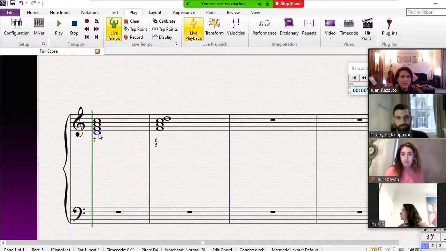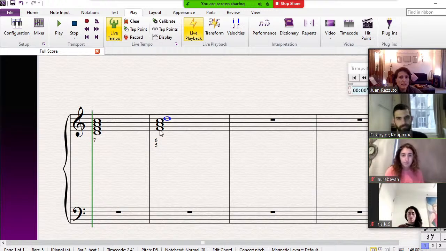Yes, or the root note, and the seventh away. Yeah, it's an interval of a seventh. And then 6-5 between the bass and the upper note.